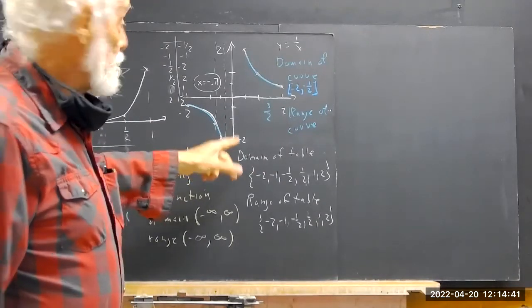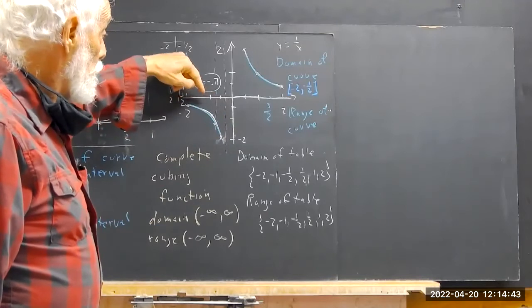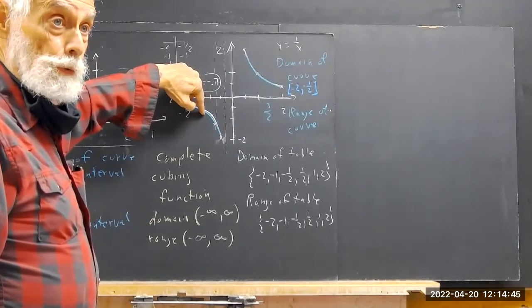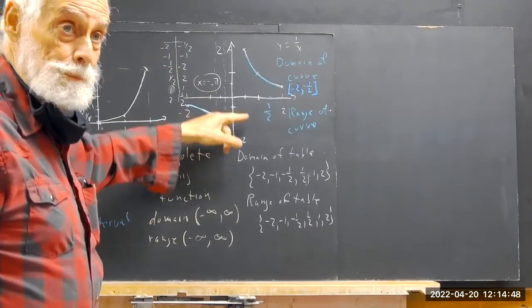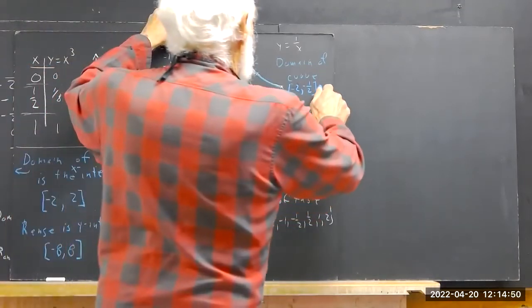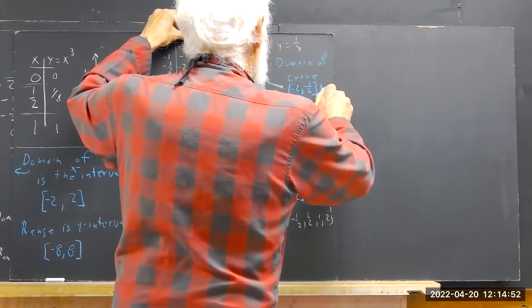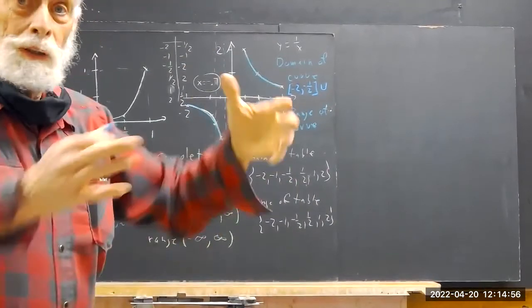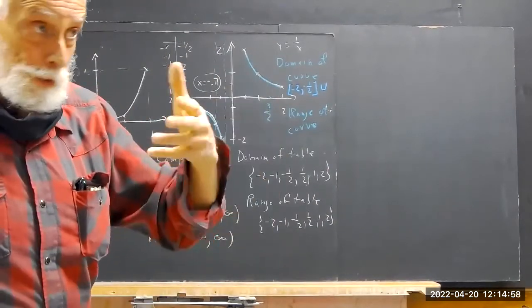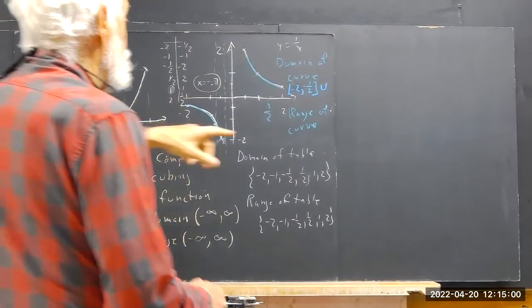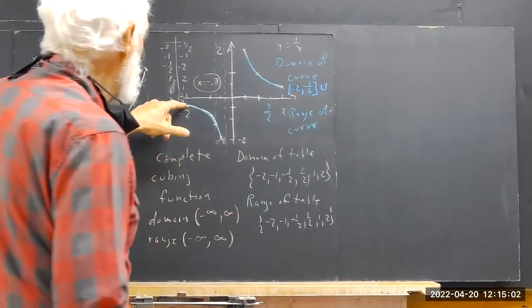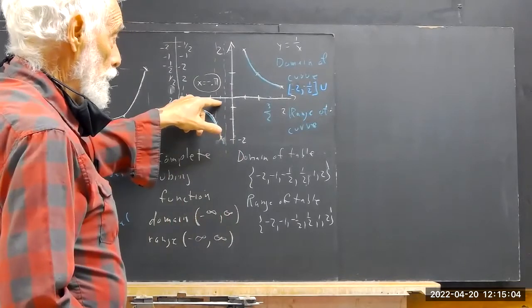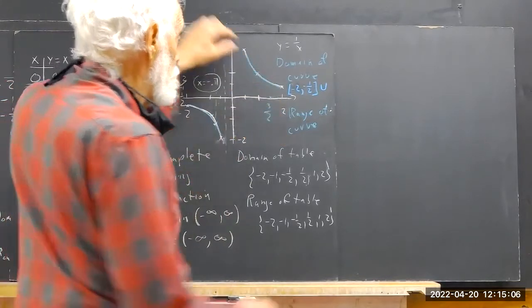Any number between here and here gives you a point on the graph with a y value. And then we use set notation. This is like a kind of a big U, stands for union. It means we take the union of the interval from negative 2 to negative 1/2 with the interval from 1/2 to 2.